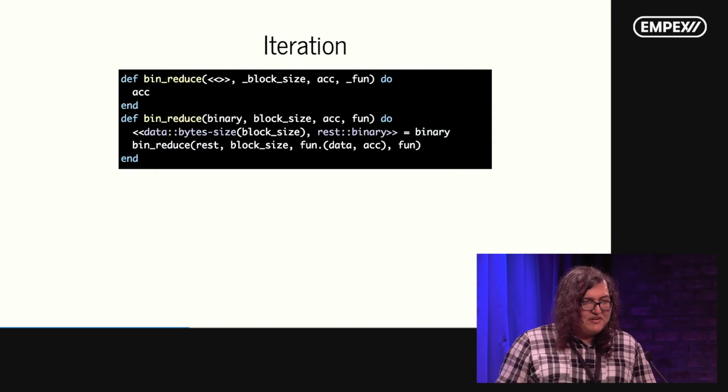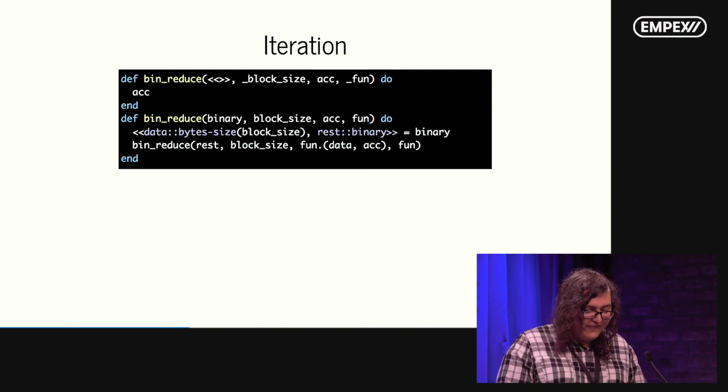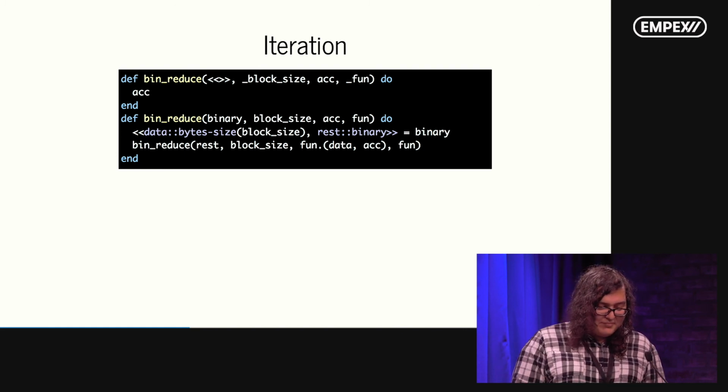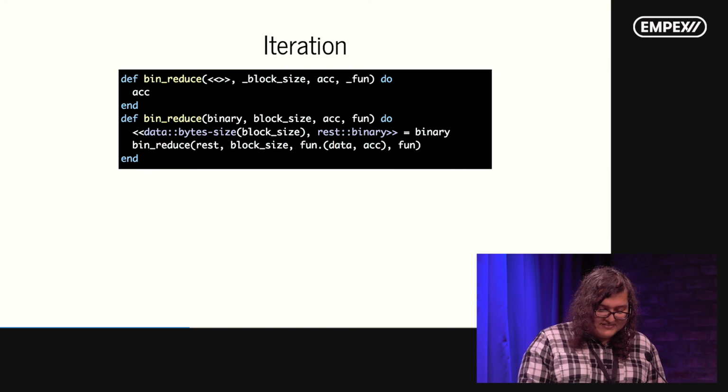And here's our iteration function. I'm just calling it bin reduce because it's like reduce except on a binary. And we define a block size because terms inside the binary can be of any size. And we just chunk it up by the pattern match and pass it in to the fun, which aggregates the results into the accumulator.